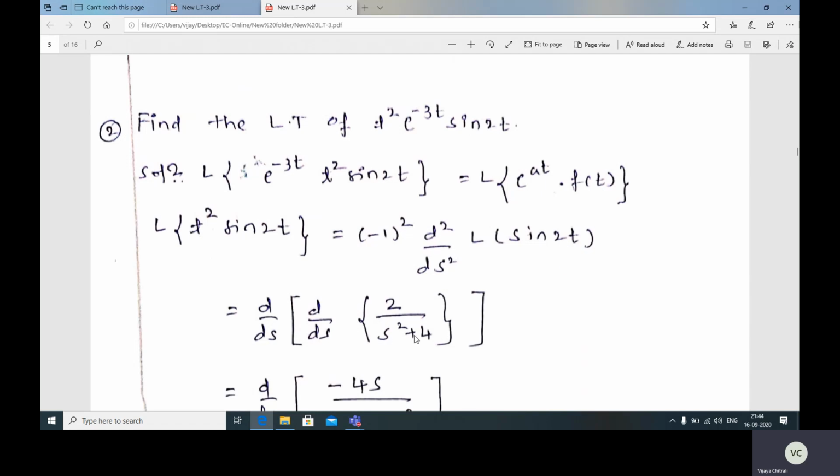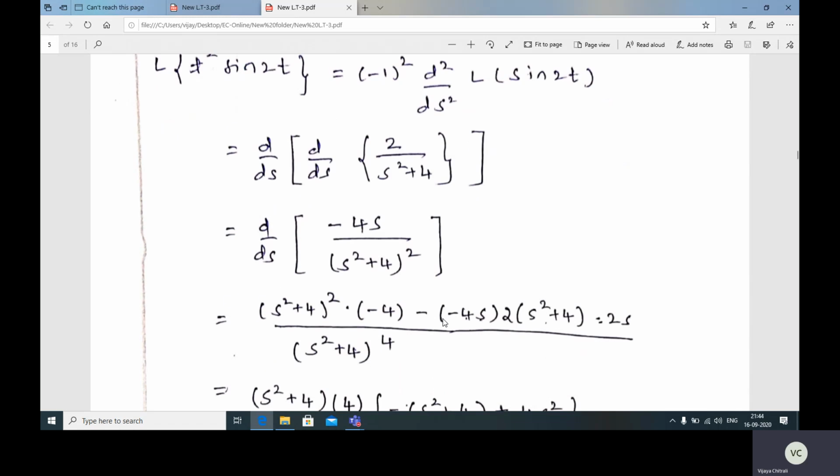Because minus 1 raised to 2 is plus 1. D square divided by ds square is d by ds of d by ds of Laplace transform of sine 2t, which is 2 divided by s square plus 4. You differentiate this twice with respect to s.